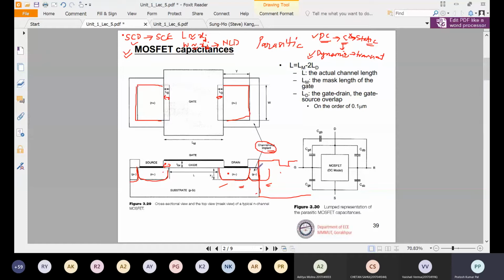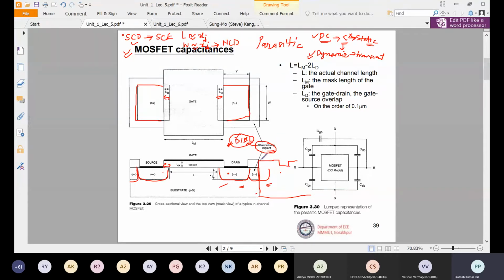It is also used for reducing DIBL. DIBL is drain induced barrier lowering. It is a phenomenon in which, when we increase the drain voltage, there is a reduction in the barrier voltage, and at that time a leakage current flows. So to reduce the DIBL, we also use this channel stop implant region.